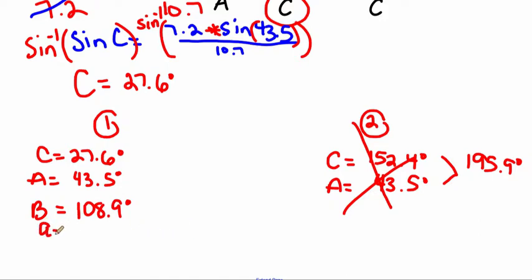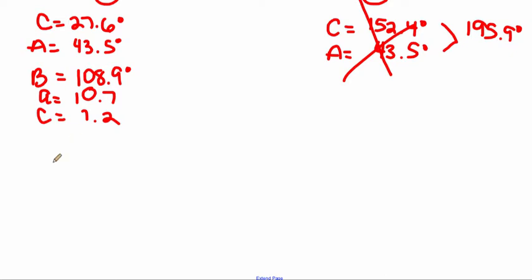Side A was given. It was 10.7. Side C was given. It was 7.2. And we can use the law of sines to find side B. We do that.